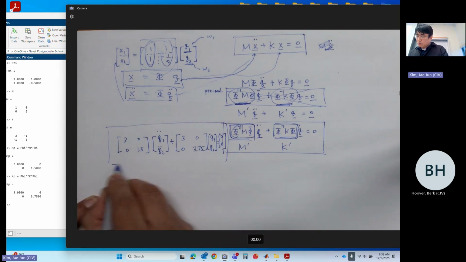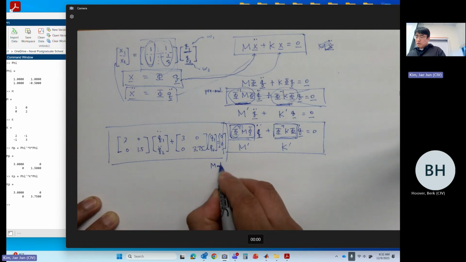So this is the equation of motion written in modal coordinates.